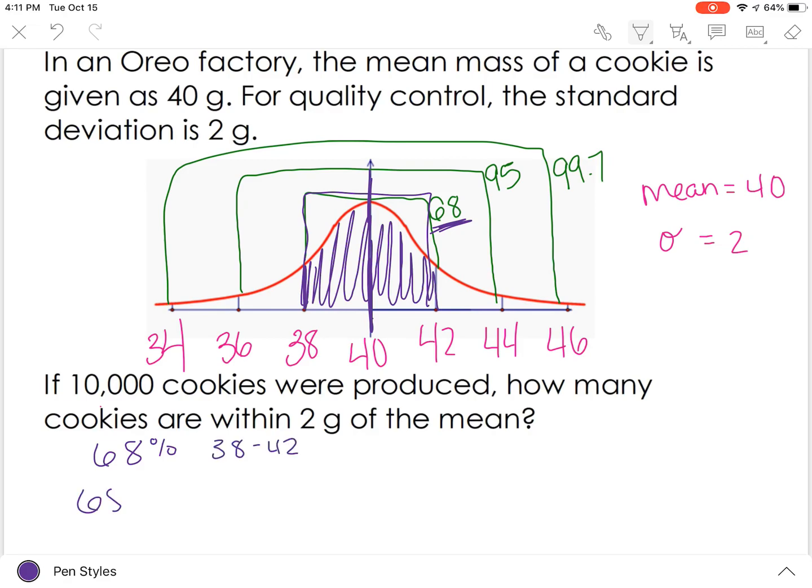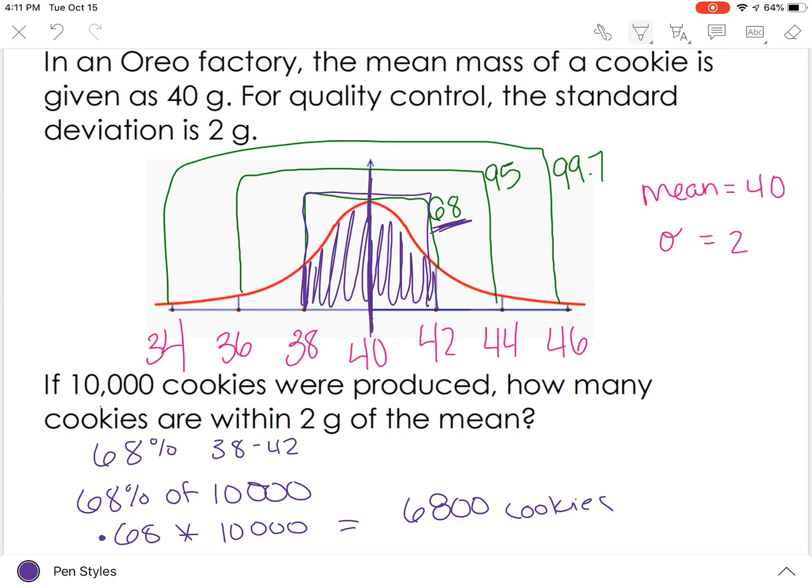So that means 68% of 10,000 cookies are within 2 grams of the mean. How do we figure that out? We take 0.68 times 10,000, and that tells us that 6,800 cookies fall within 2 grams of the mean.